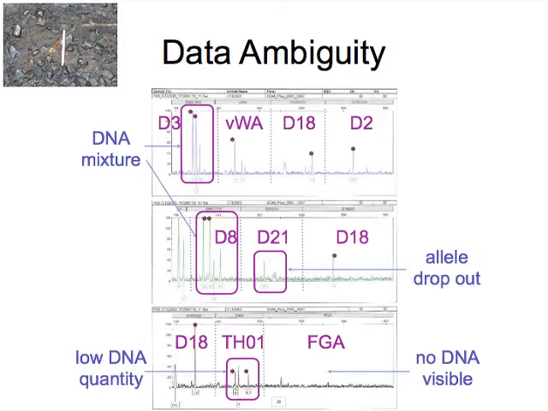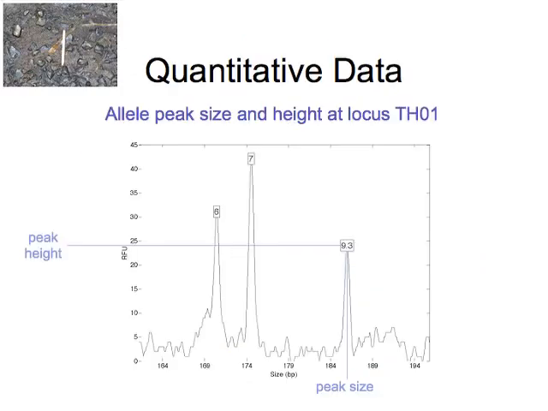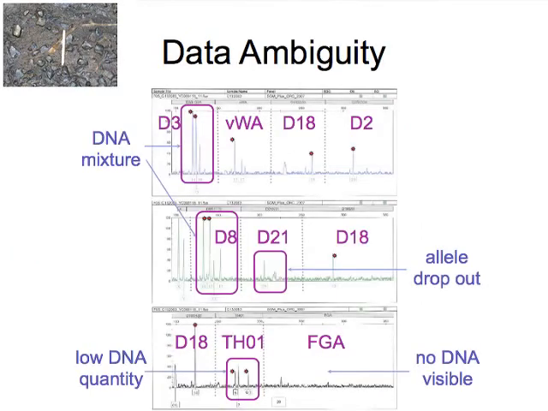We also see over here that there's a very low DNA quantity. These 3 peaks at THO1, that's a blow-up of the same 3 peaks. It's a very low quantity. Those peaks aren't going over maybe 25, very small amounts of DNA, maybe only a few copies of DNA.